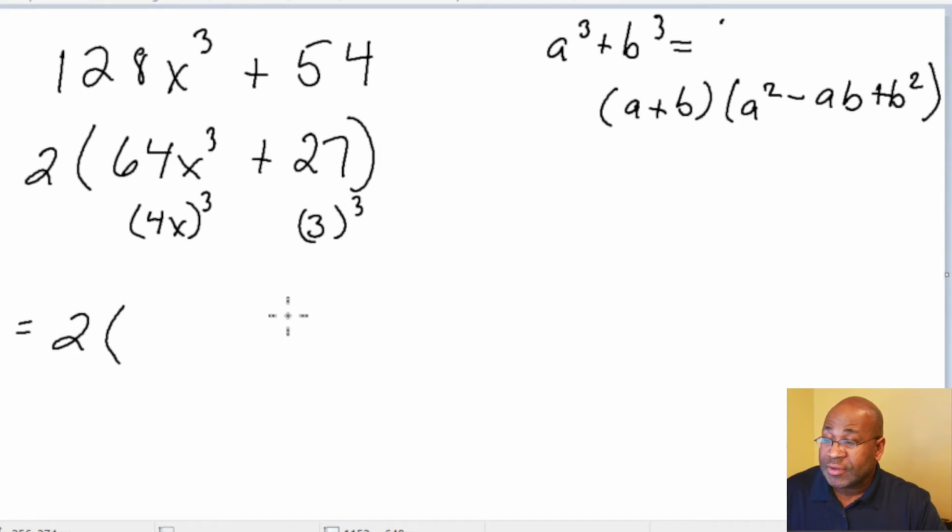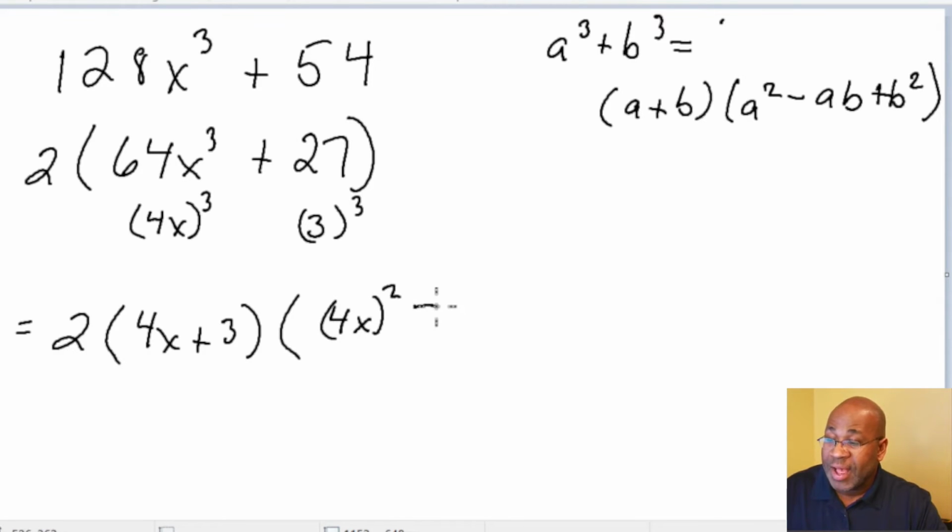Our first factor would be 4x plus 3. Our second factor will be a squared, or 4x squared, minus a times b, or 4x times 3, plus the last term b squared, or in this case 3 squared.